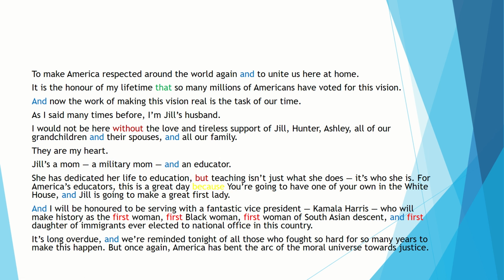Okay, and the last type we are able to see here is "first". First, as we say, it is on enumeration and the time sequence. Why? On enumeration, this is Kamala Harris, here is the first woman, first Black woman, first woman of South Asian descent, and first daughter of immigrants.